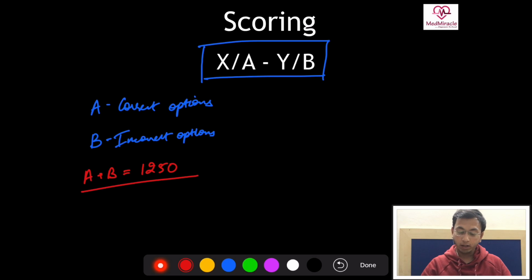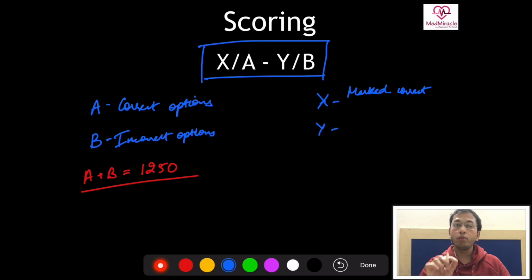And X is the number of correct options that we have actually marked, and Y is the number of incorrect options that we have marked. So this is the equation.